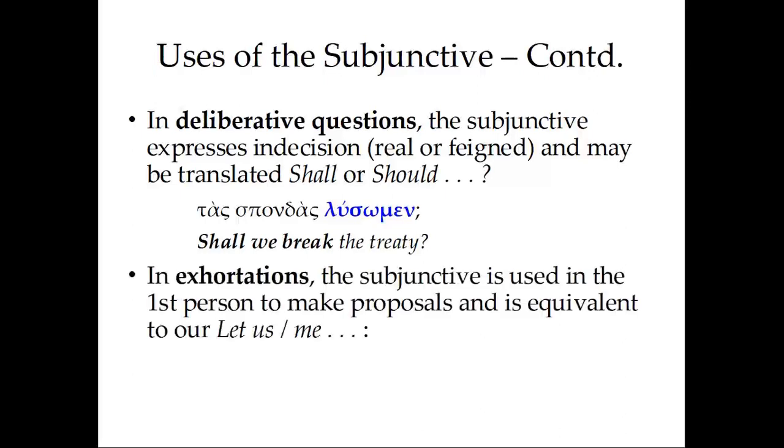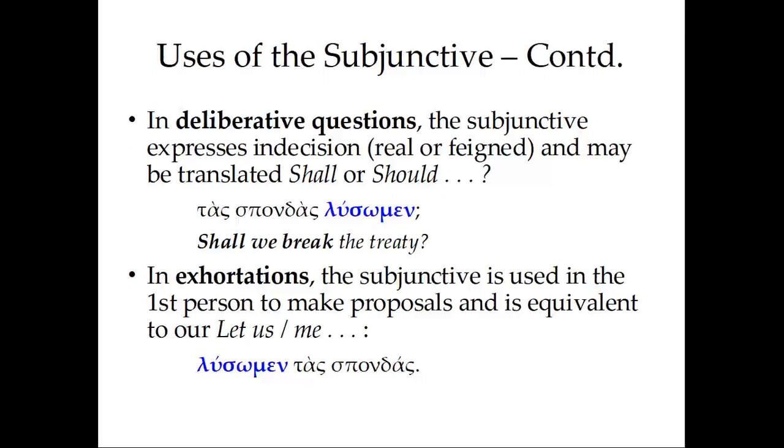We also see the subjunctive used in exhortations. It's used in the first person in exhortations to make proposals and is equivalent to our let us or let me, depending on whether we see it in the singular, let me, or the plural, let us. For instance, Lusomen tas spondas. This is different in two ways from the previous one that we just saw.